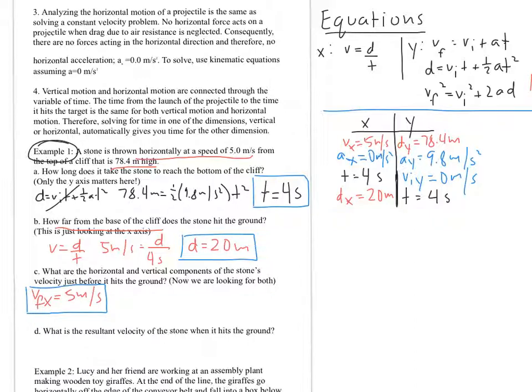Now how do we find that in the y direction? Looking for v_f in the y, and looking at our pieces of information, we can use either this equation or this one. I would prefer this one, just because it's shorter and we don't have to deal with the squares. Either way, you'll get the same answer. Oops, I wrote the wrong equation.